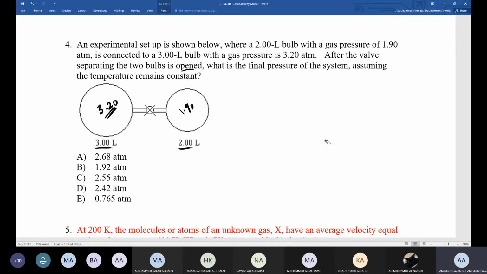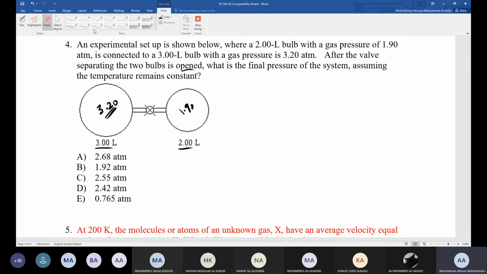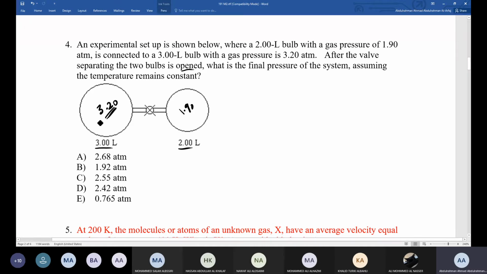Okay, now let me do everything from the beginning. This is V1 and this is P1, and this is V3 and this is P3.